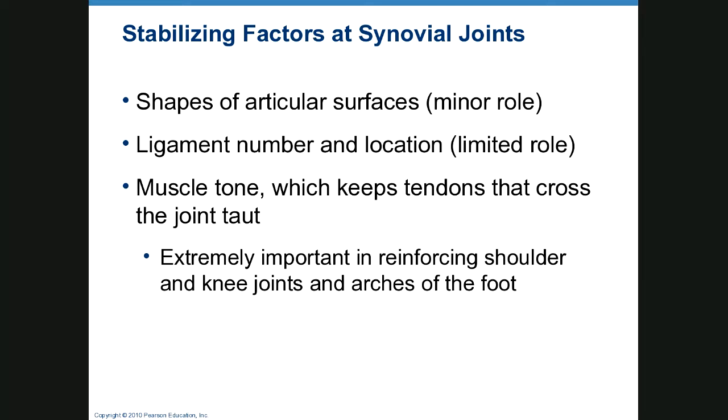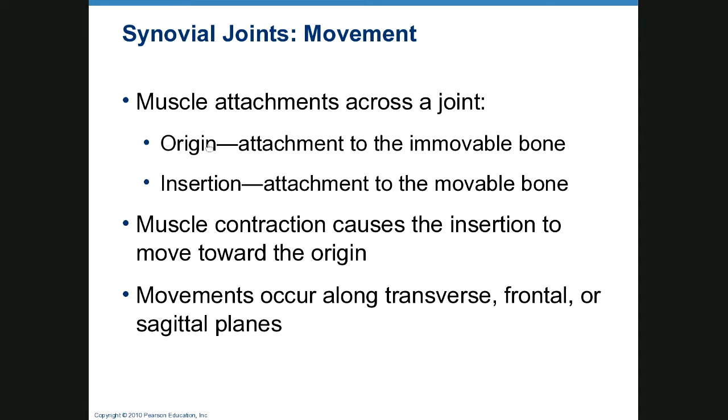Okay, stabilizing factors in joints. The shape of the joint plays a relatively minor role. Ligaments play a relatively minor role. And then muscle tone can be very important, especially in the shoulder, knee, and arches of the foot. Okay, now when we talk about movement across joints, the muscle has two things.